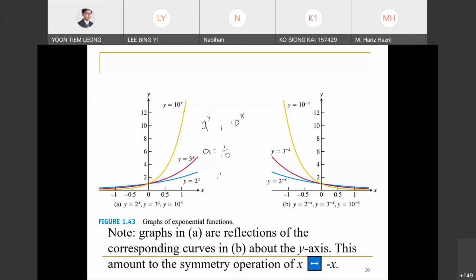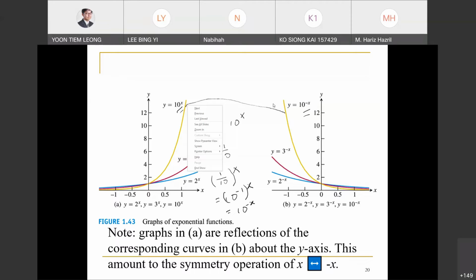Then we have 1 over 10 raised to the power of x, which is 10 to the power minus 1 raised to the power of x, and this is just 10 to the power of minus x. So the relationship between positive power and negative power in x is that you just take the inverse of the base, then this graph will be converted into this graph.